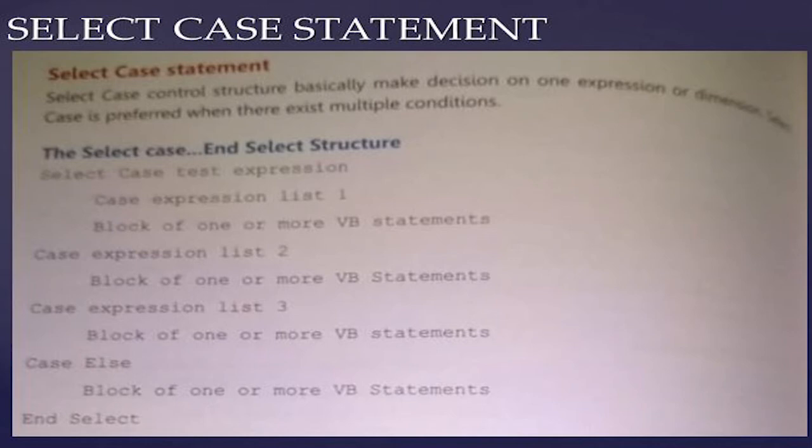If a student got 80 to 89 percent, sorry, not marks, percentage, then he should be B grade. Select case: if the student got 70 to 79, then he gets C grade. That means here we are using multiple statements. To satisfy multiple statements, we use the select case statement. To satisfy only one or two cases, we use conditional statements.